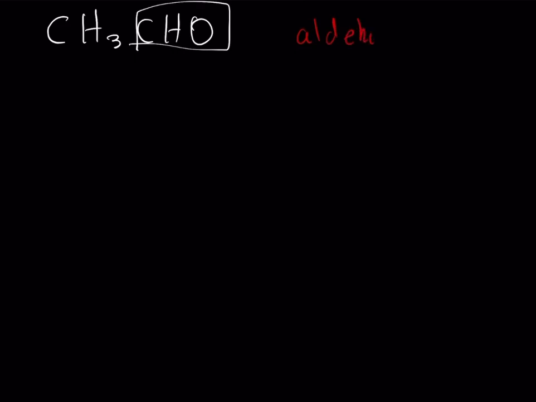Alright. So now let's look at CH3CHO. So instead of COH, we have CHO, or not really. Instead of OH, we have HO. So what does this mean? This is an aldehyde. So when we looked at a ketone, it looked like this. It was an oxygen double bonded to a carbon, and the carbon was bonded to 2 other carbons.